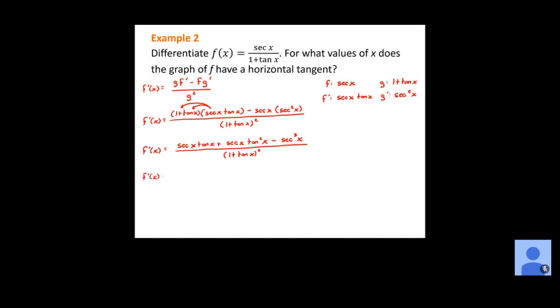So we're going to have f prime of x equals, if I take out the secant x, and you're left with tangent x plus tangent squared x minus secant squared x. Denominator does not change.